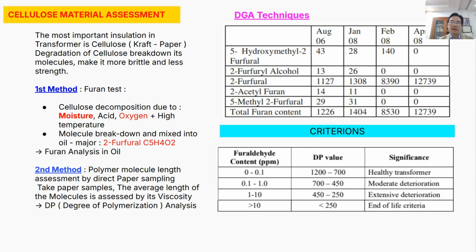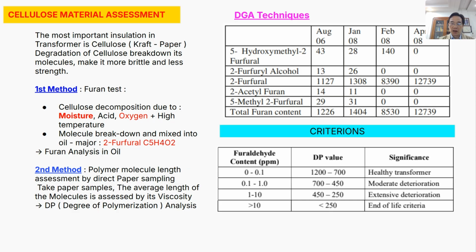So where do the acids come from? The acids may come from the oil oxidation. The oil aging may create the acids, but also the insulation material molecule is broken down, and the aging of the cellulose material also generates acids, also generates moisture in oil.